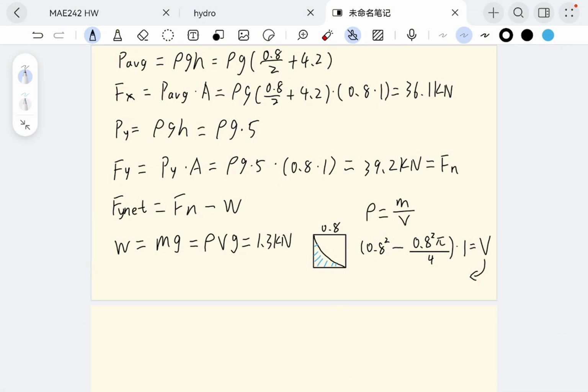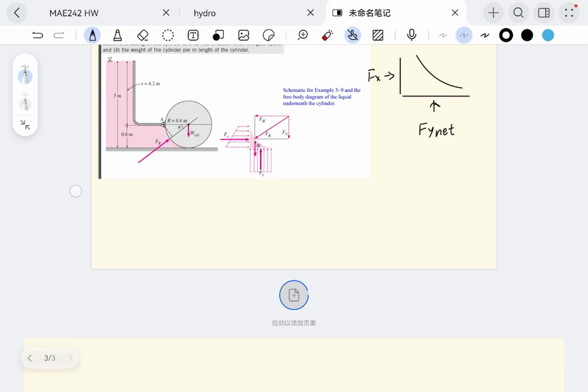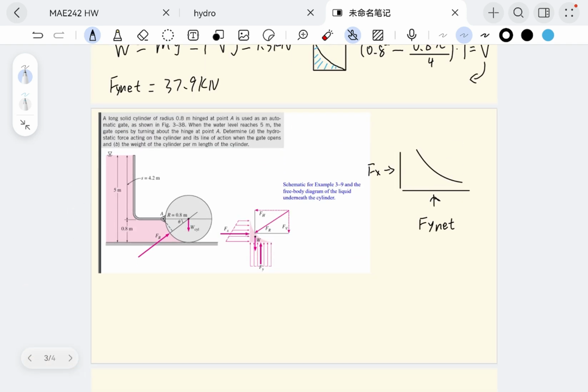Alright, so now we have Fn, we have W now. The Fy net would equal 37.9 kilonewtons. Now we have found Fx and we found Fy net. Now we should be able to calculate the resultant of this vector. So the resultant force would be just Fr.